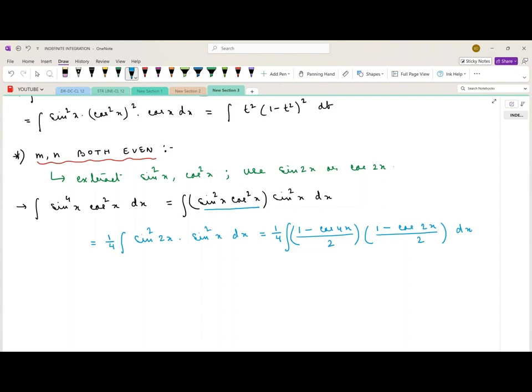Right. Now there is another type. Till now we have been dealing with powers m and n, just natural numbers. Now this is a very special type that we are going to discuss now.